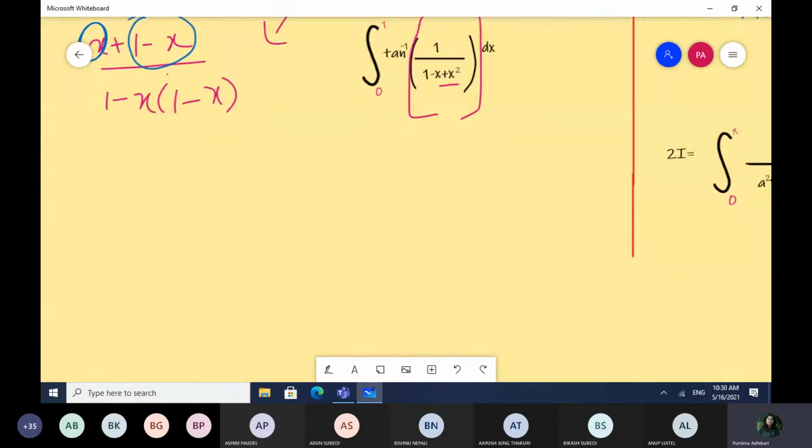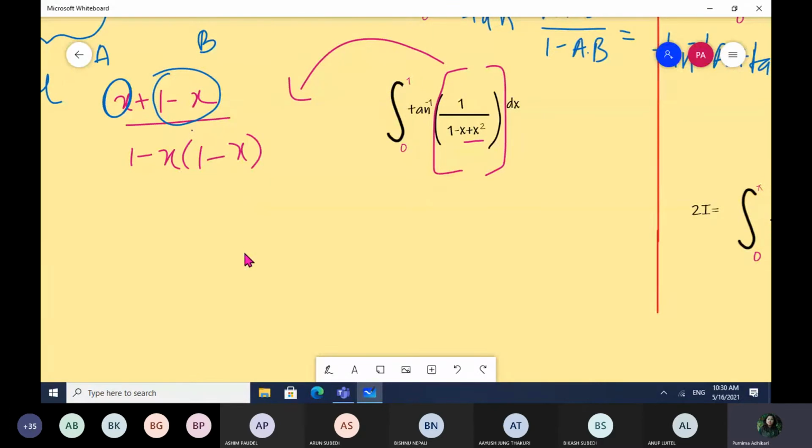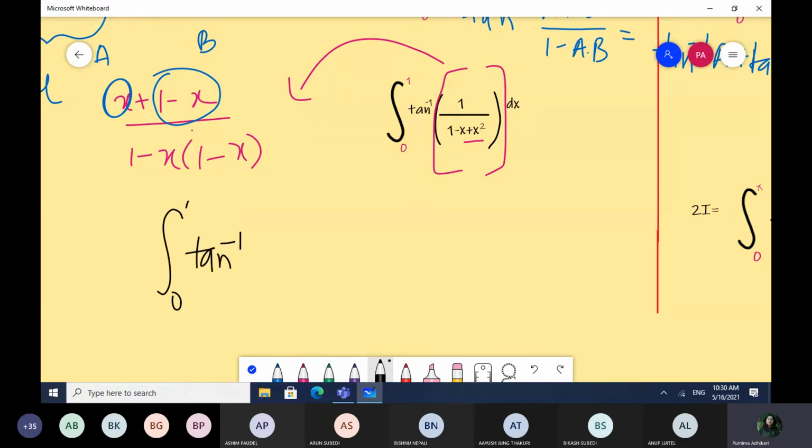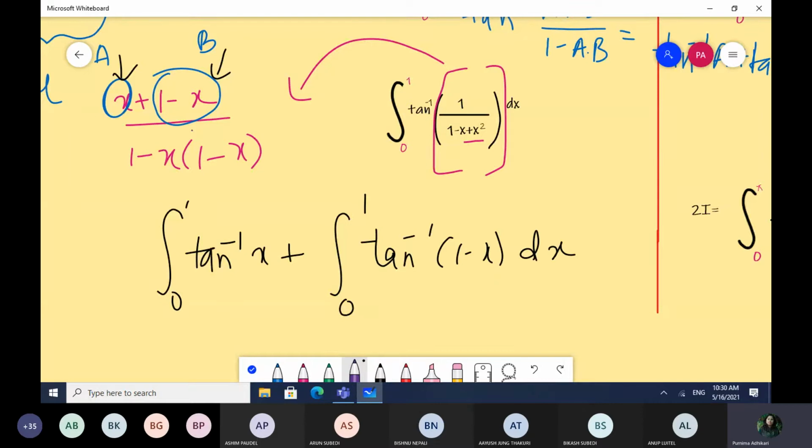So we can write it as the integration from 0 to 1 of tan inverse of a plus tan inverse of b, where a is your x and b is your 1 minus x dx. So we have written this integral as tan inverse a plus tan inverse b.